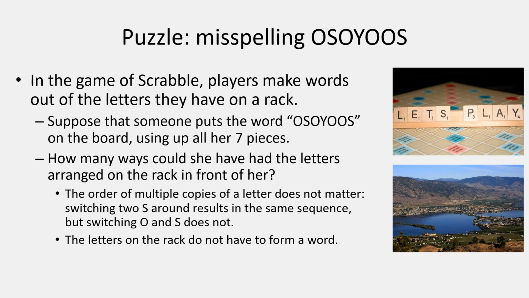And by the way, here, when you put letters on the rug, they absolutely don't have to form a word. You could put them in any possible order. So for next time, think how many different ways can you place the letters of the word Osoyoos on the rug if you cannot distinguish the O's and you cannot distinguish the S's.